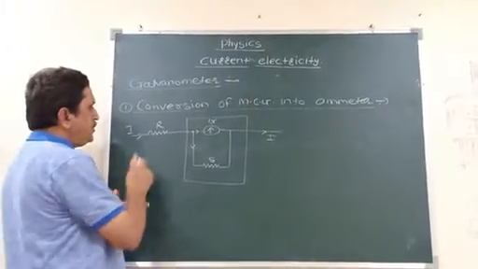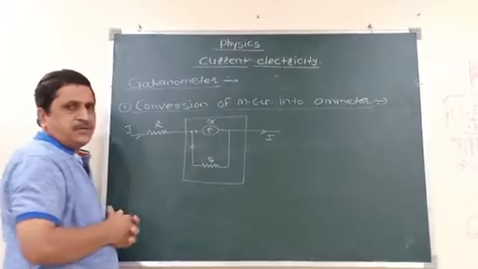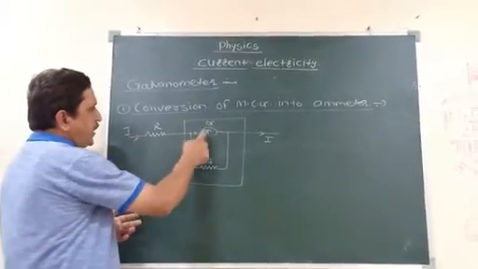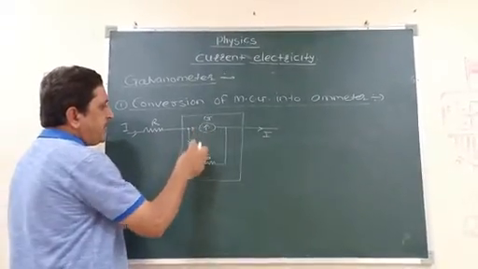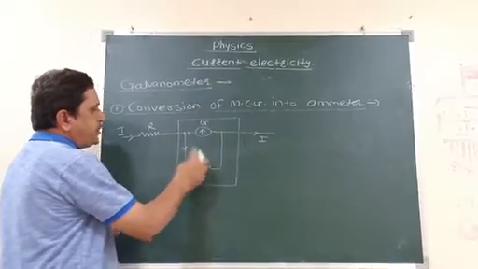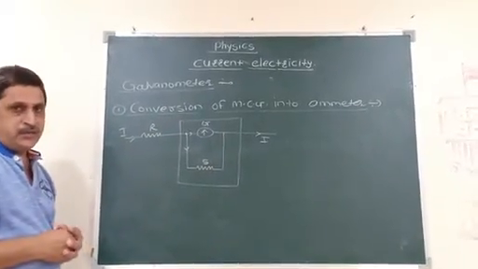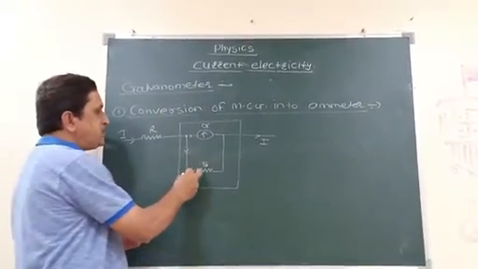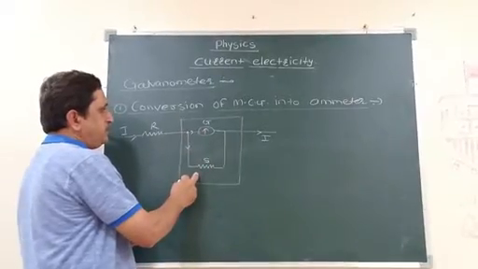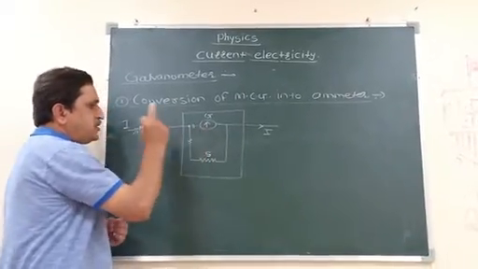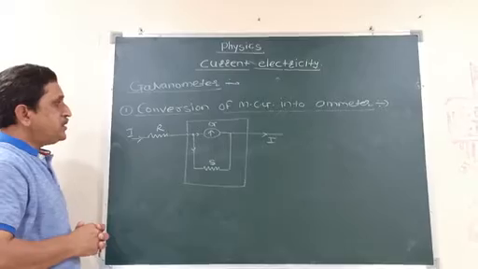Now in this figure, external resistance R is used. Then the galvanometer is connected in parallel combination with the shunt resistance. A resistance which is connected in parallel combination with a galvanometer is also called a shunt resistance.